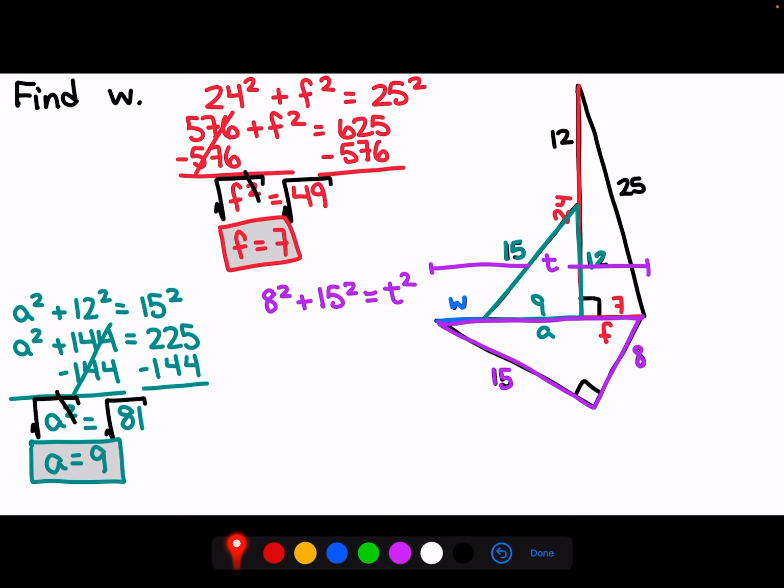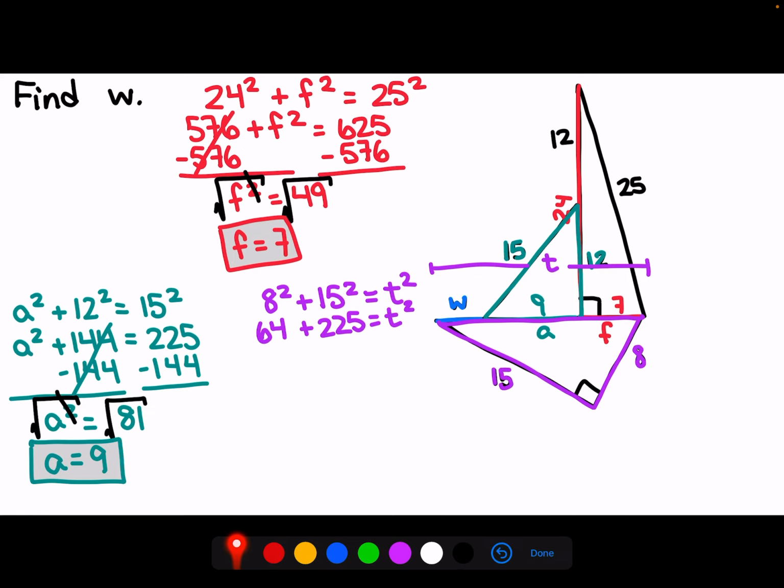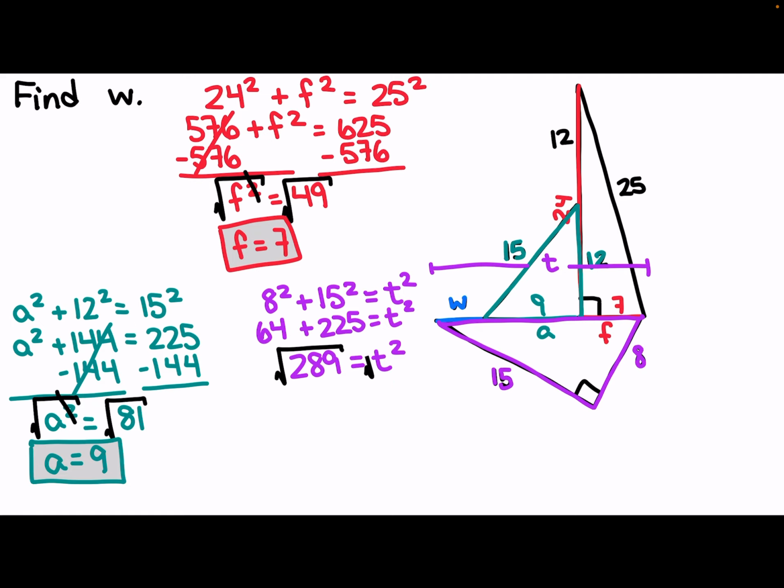Again, 15 squared is 225. 8 squared is 64. So 64 plus 225 equals t squared. 64 plus 225 is 289. And of course, we want to solve for t, so we take the square root of both sides, leaving us with t is equal to 17.